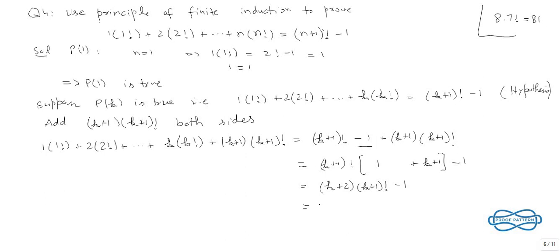So that will be k plus 2 factorial minus 1. This means Pk plus 1 is true, and hence Pn is true for all n greater than or equal to 1.